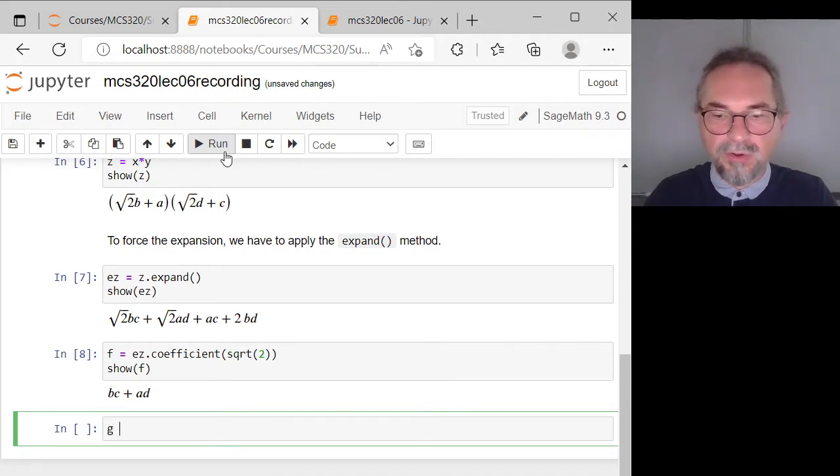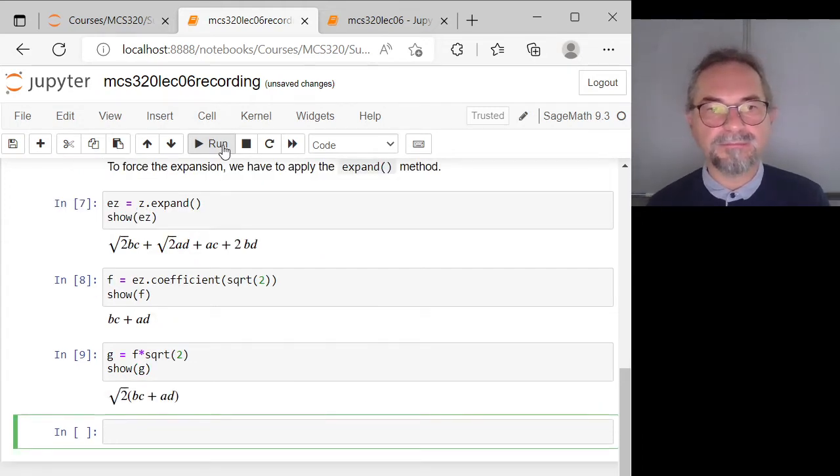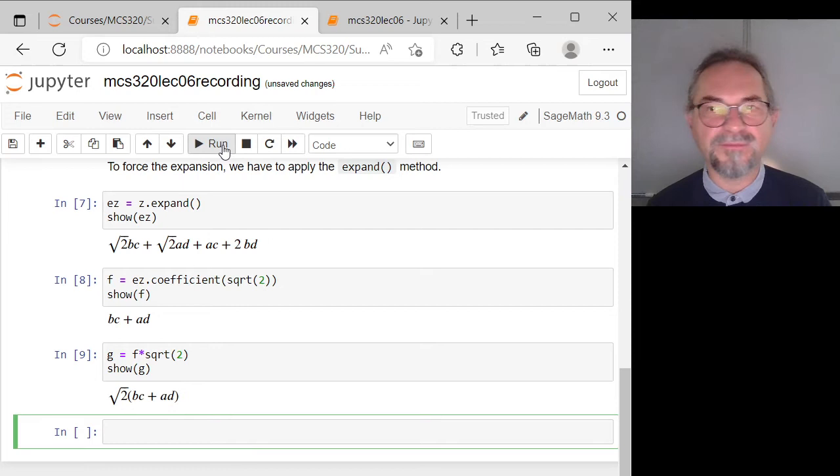So let's call it G, the square root of 2, or perhaps I will write it as F times the square root of 2, and I will show that as well. I want to have the square root of 2 come after that, but I can't really force it like this at this point. We will see more about the internal data structures of expressions later in this course. Okay, so I have already the second part in my answer.